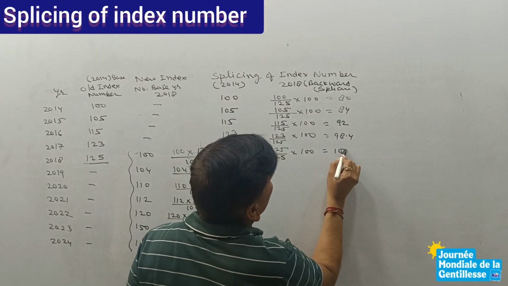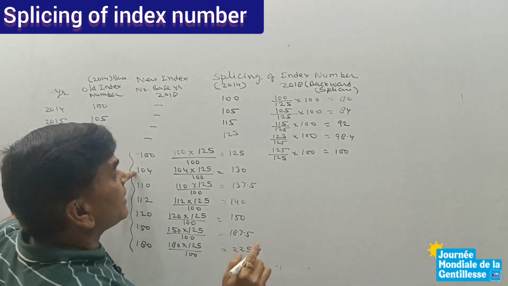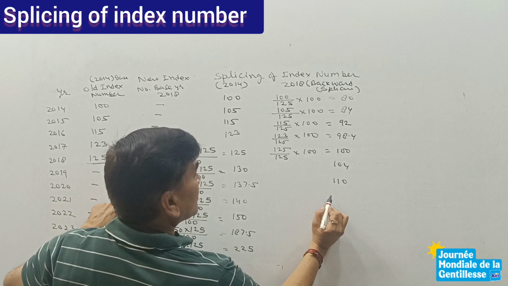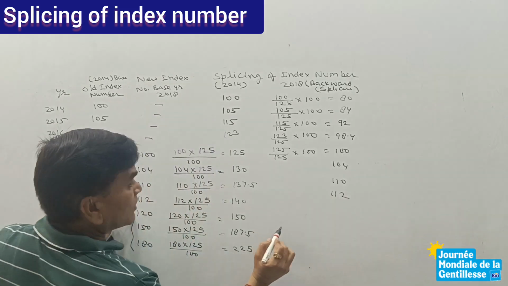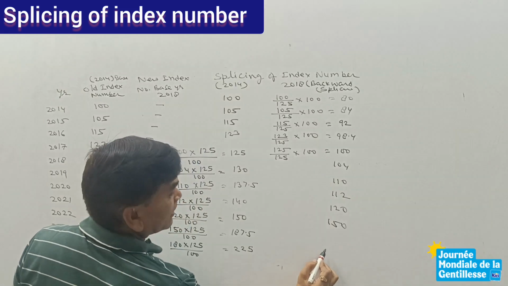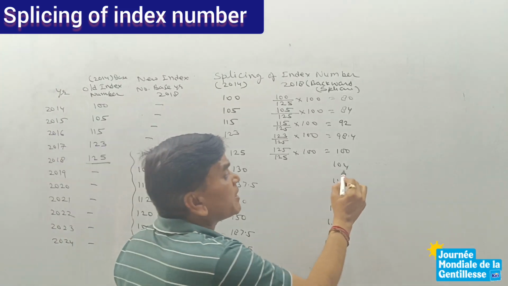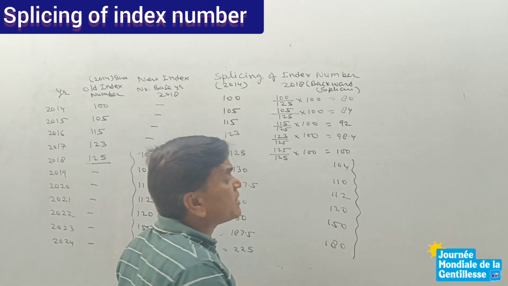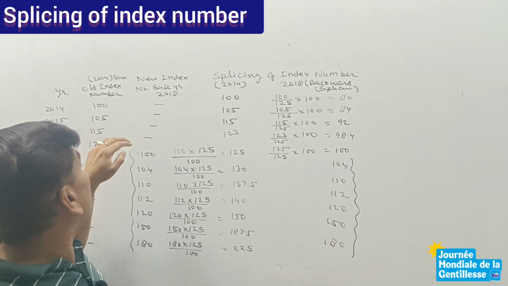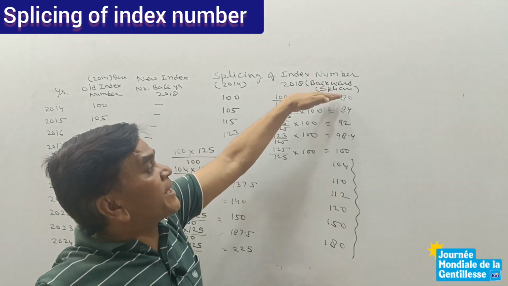And this is 100, we have already learned. So 100 and then 104, 110, 112, 120, 150 and 180. So this is backward because we have kept the current as it is. We are changing the previous one, the index of the previous. So that is called backward simplifying.